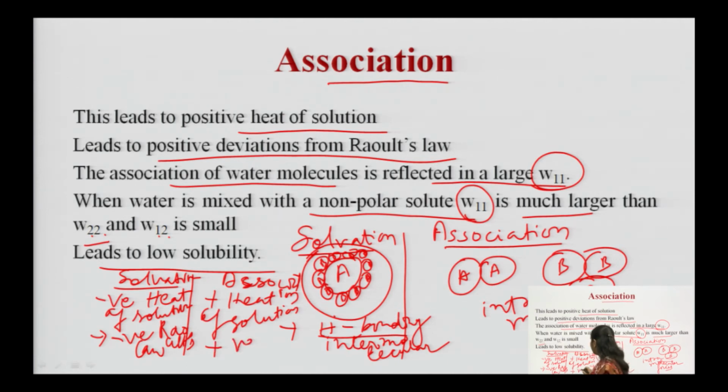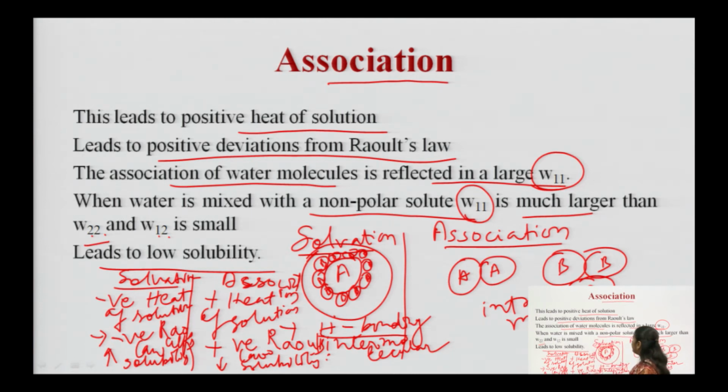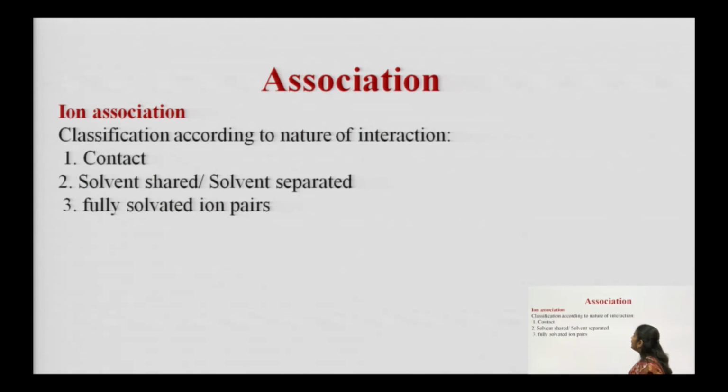It leads to positive deviation from Raoult's law. Okay? And so, what happens here? The solubility increases. Here the solubility decreases. Okay. So, these are certain points which are related with solvation and association.